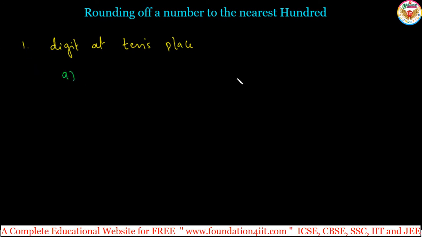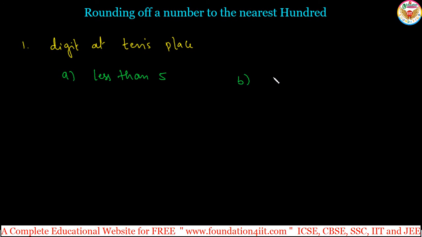Let us take A and B. First, if the digit at the tens place is less than 5, that means 0, 1, 2, 3, 4.